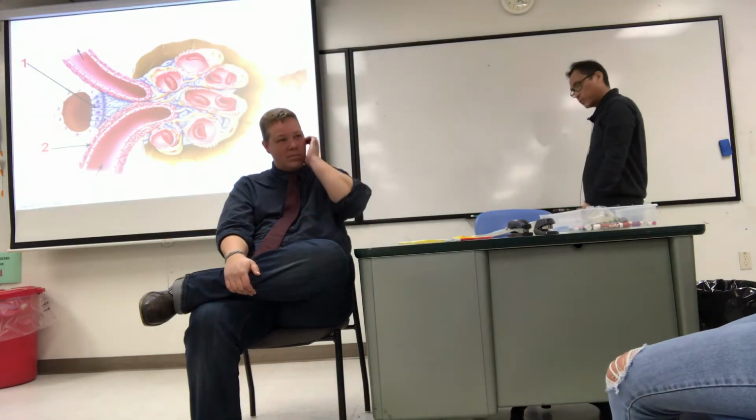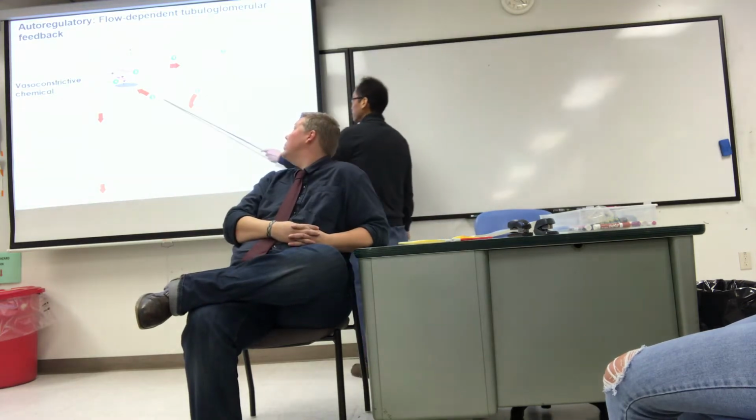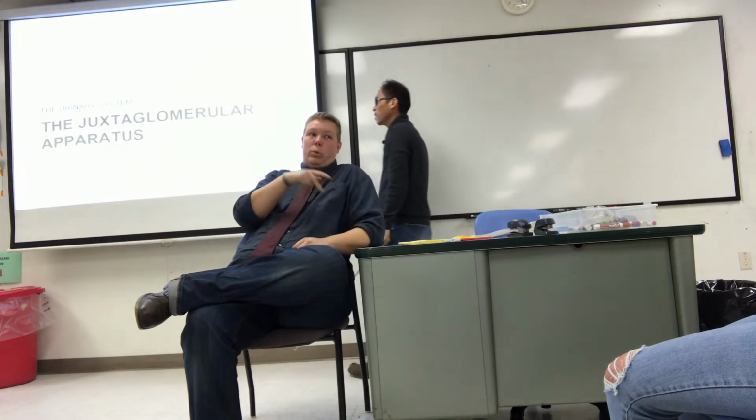So I have the picture unlabeled, but number 1 and number 2 is all I want you to focus on. Number 1 in this picture is the macula densa. On the previous slide, macula densa was a little purple patch. But here you see a little more detail. You can see it's part of the DCT. You can see it's densely packed columnar cells. Number 1, macula densa.